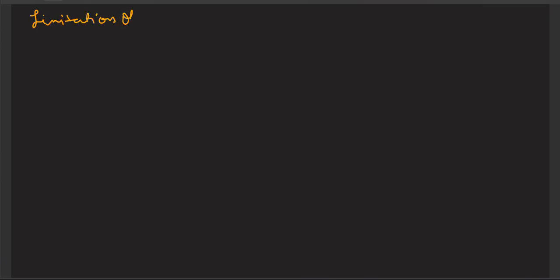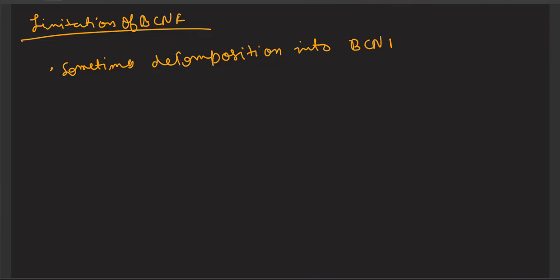Sometimes what happens is decomposition into BCNF can lead to loss of dependency preservation.